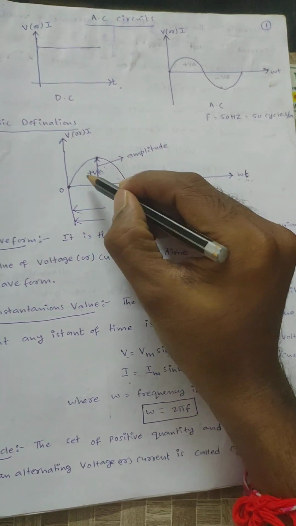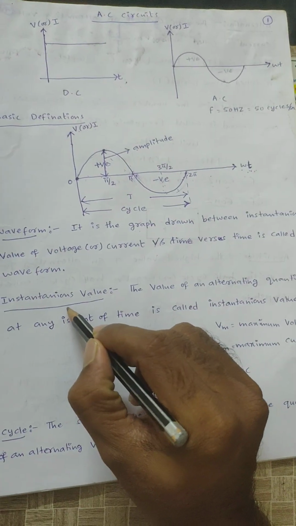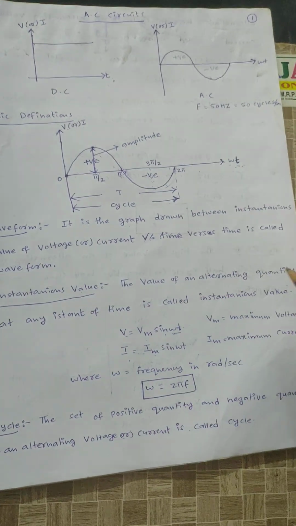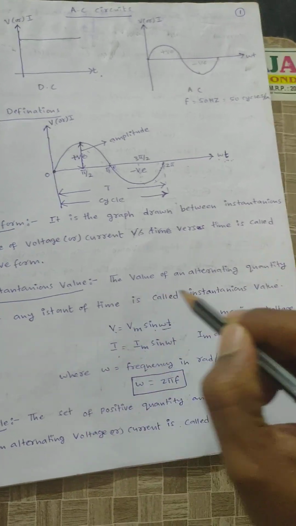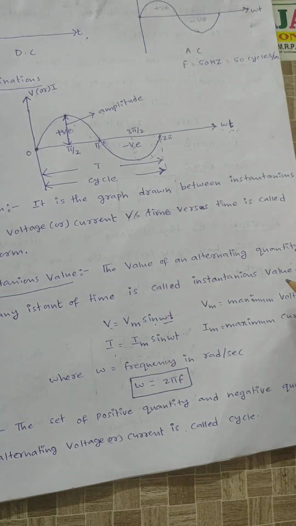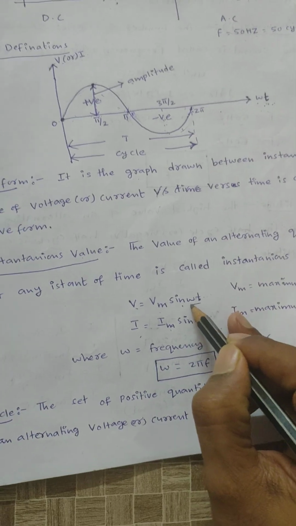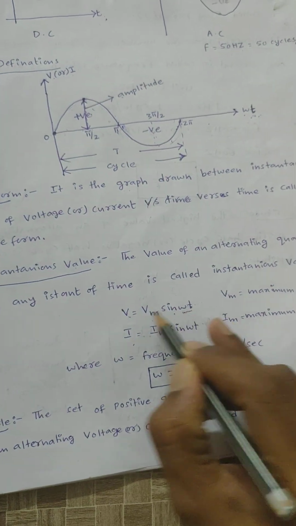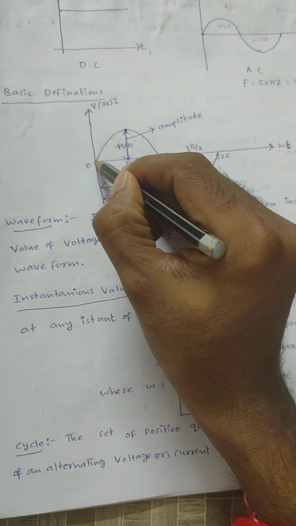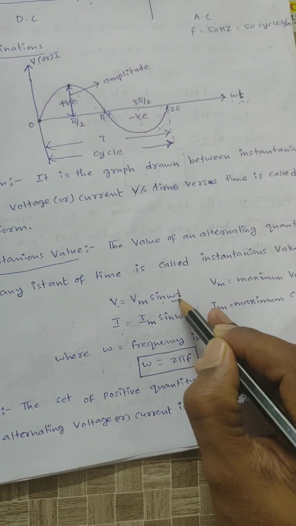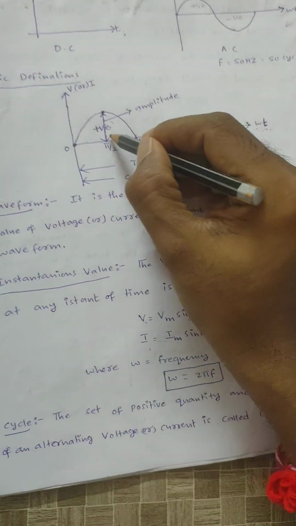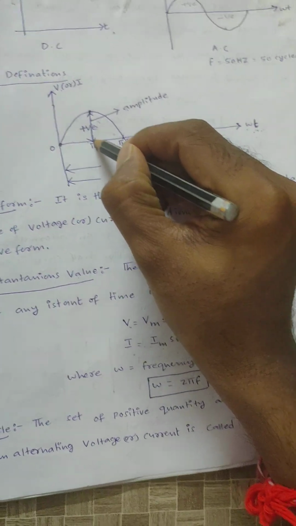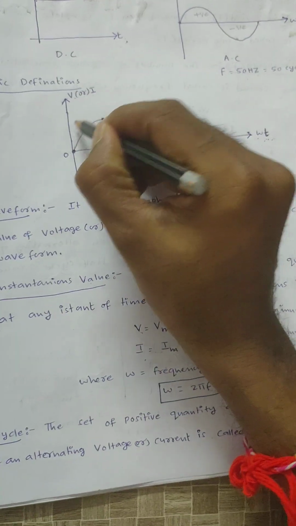What is meant by instantaneous value? It is the value of an alternating quantity at any instant of time. From this equation, substitute omega t equals 0: sin 0 is 0, so at this instant the value will be 0. When omega t equals pi by 2, that is 90 degrees, sin 90 is 1, so v equals Vm.